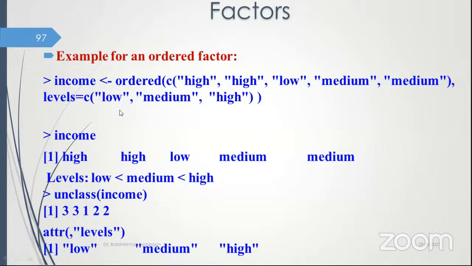Upon constructing the factor by using ordered, it implies ordered factors. It gives you the levels as low less than medium less than high. And if you unclass it, it displays 3, 3, 1, 2, 2. This is the ordered factor. And in the case of levels, it represents the relationship between each level.